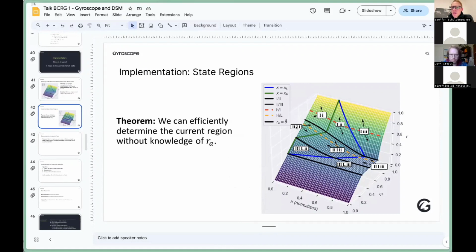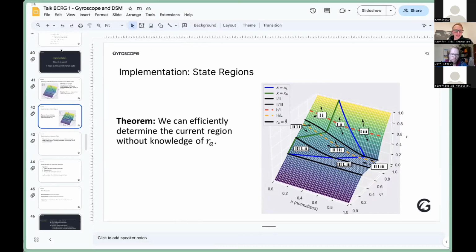So we can split this three-dimensional chart up into regions within which computation of the starting point is somewhat easy. And now what I have to show you is that we can actually know in which region we are.